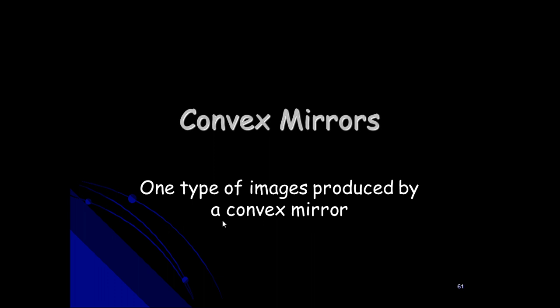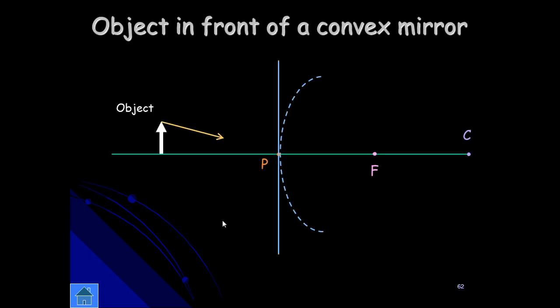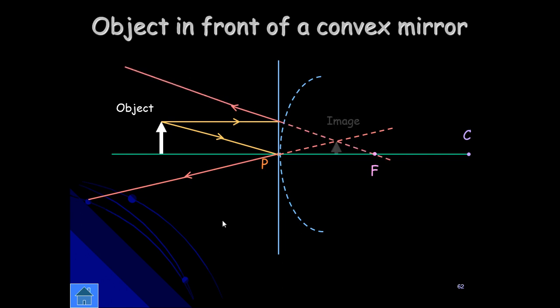So the good thing is that there's only one type of image produced by a convex mirror. The image is virtual, upright, and diminished.